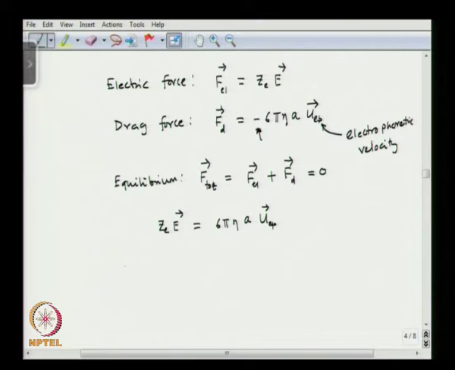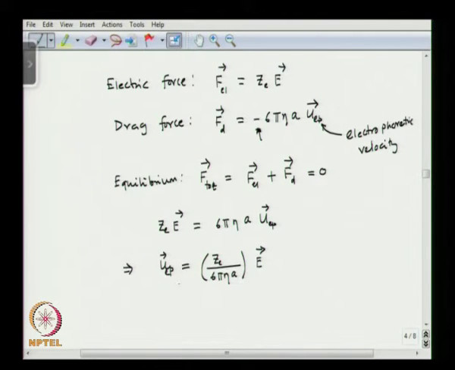So from there we can find that the expression for the electrophoretic velocity is equal to charge divided by 6 pi eta a, into electric field.